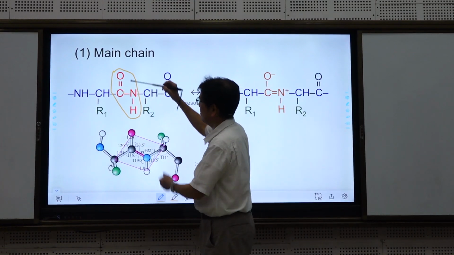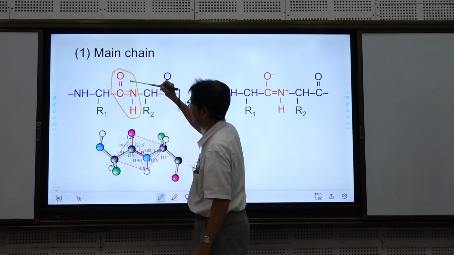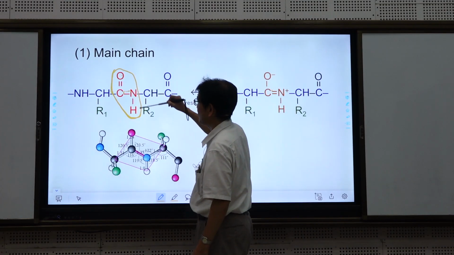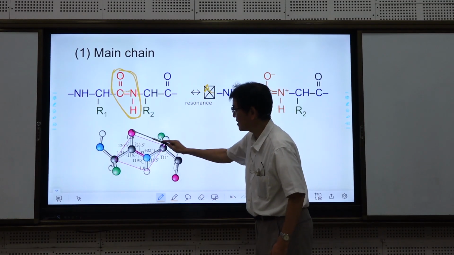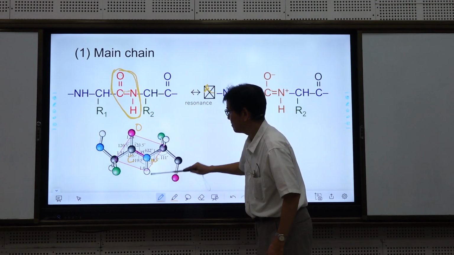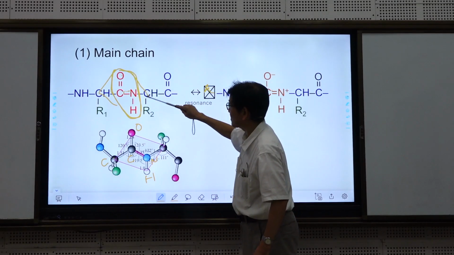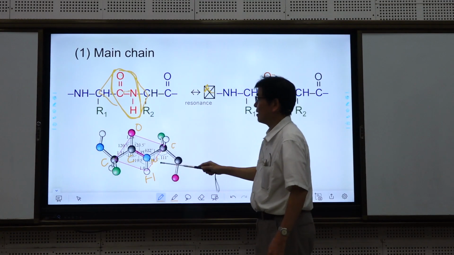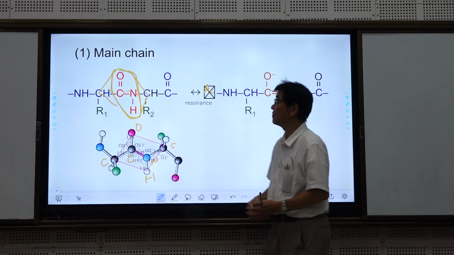For this reason, O, C, N, H are in the same plane, including the carbon in this part and the carbon in this part, forming a planar structure.